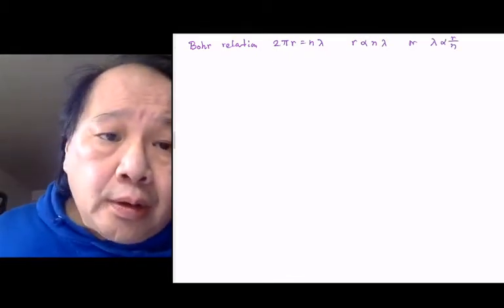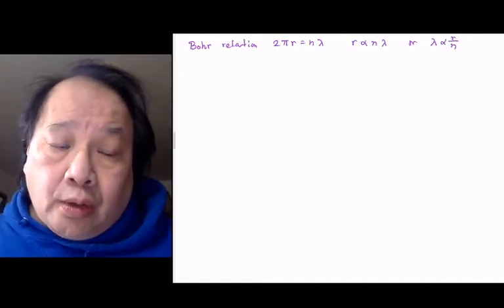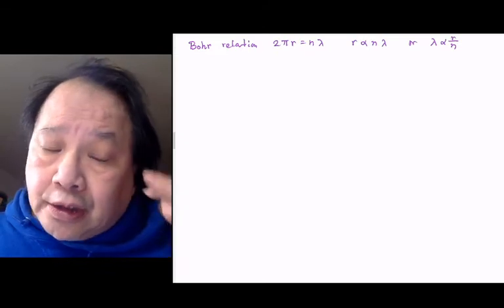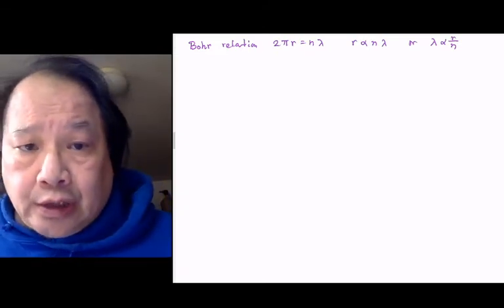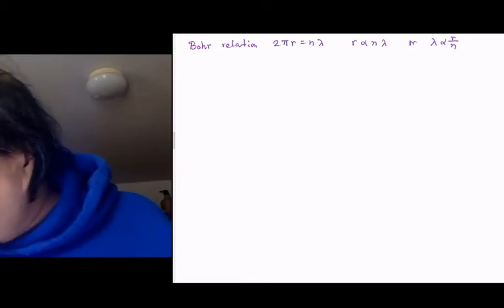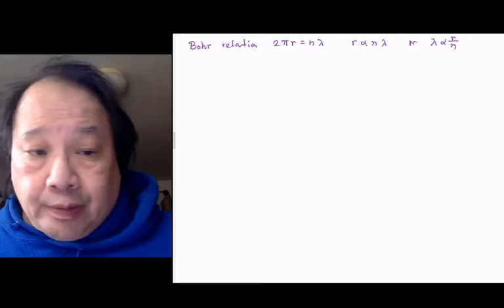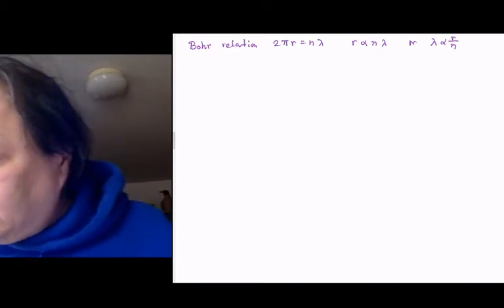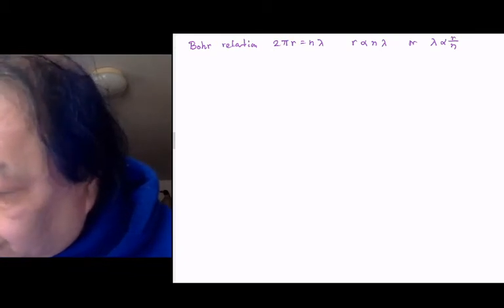And remember, proportionality signs can be used very much like equality signs. All the algebraic things we do with equality signs, we are going to do with proportionality signs. So r proportional to nλ is the same as λ proportional to r over n.